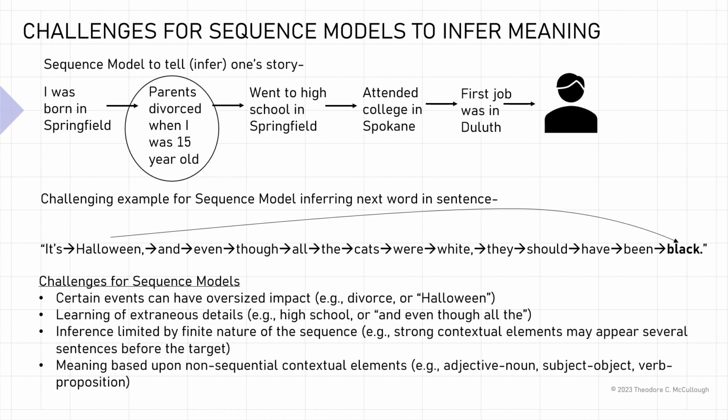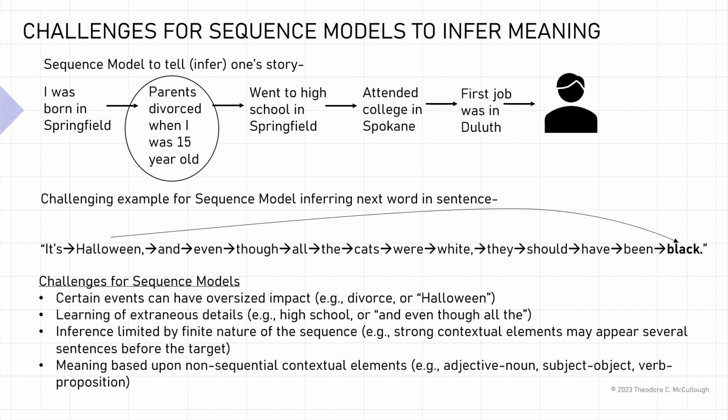So this really underscores some of the challenges for sequence models, namely that certain events can have outsized impacts. If you look at divorce or Halloween, you may have to learn extraneous details with a sequence model. For example, high school may have little or no value in defining who one is, similarly to how the words "and even though all the" may have minimal value in inferring that the next word in the sentence ought to be black.